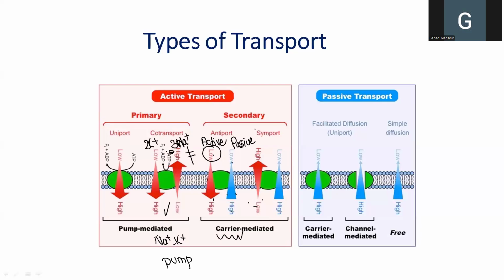And this difference in the number of cations that are pumped in and out is what creates a potential difference across the cell membrane. Because when you pump 3 sodium ions outwards and simultaneously only 2 potassium inwards, you are ensuring 2 things.